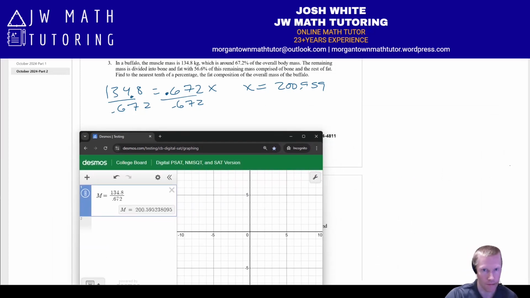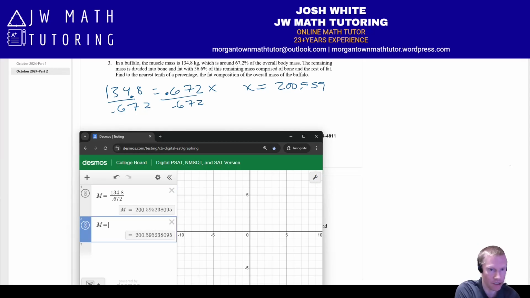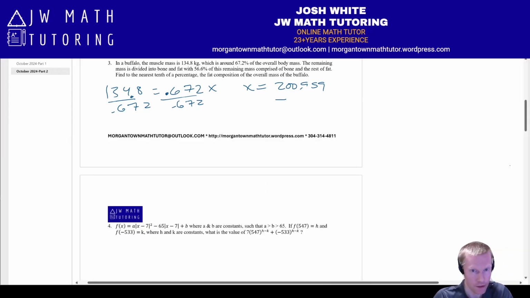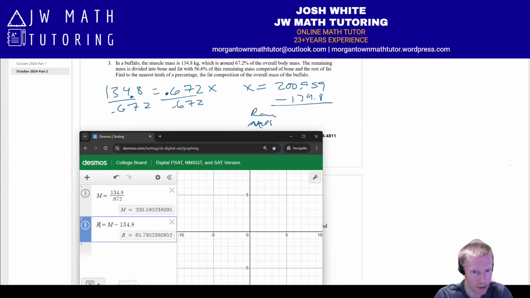What we need to do is figure out the remaining mass after taking away the muscle mass, meaning how much of the remaining mass, which is divided into bone and fat, that actual number is. So I'm just going to take the M value and subtract the 134.8. And I'm going to call this R for remaining. Okay, so the remaining mass is approximately 65.79.